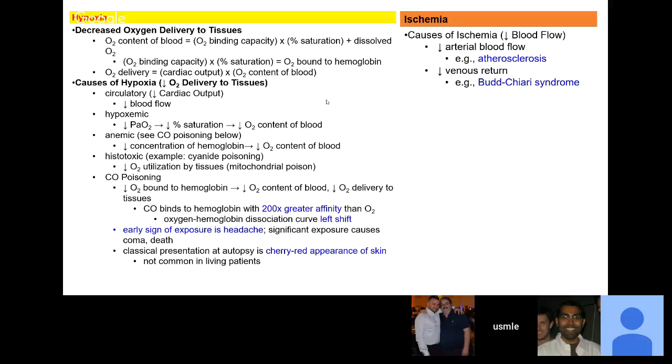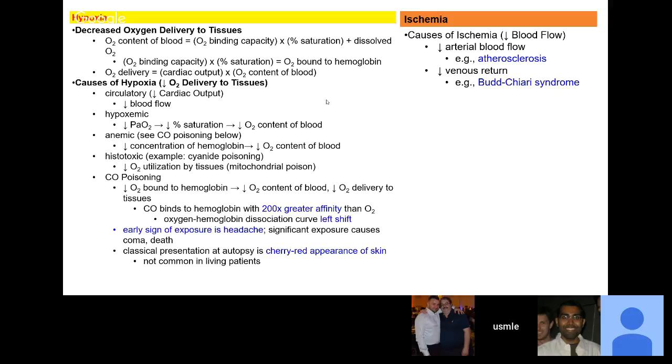So here you have some formulas that you need to understand and keep in mind. They might ask you to calculate. So oxygen content in the blood, how you calculate that is the oxygen binding capacity multiplied by the percentage of saturation, plus the dissolved oxygen.